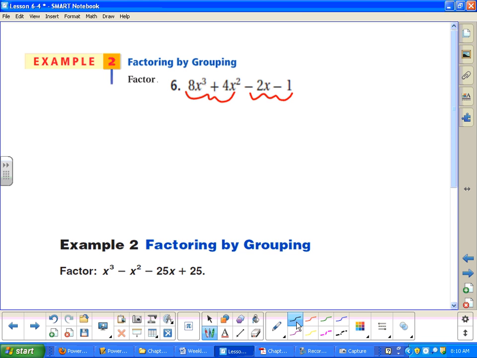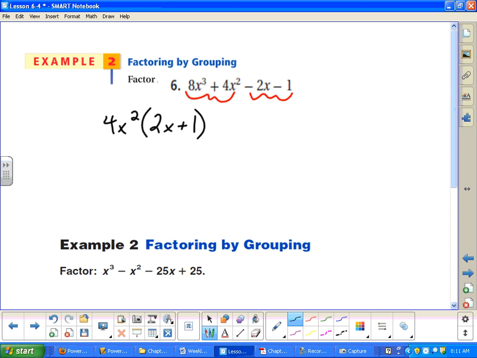Okay? So if we look at the first 2 terms, 8x cubed plus 4x squared, what do they have in common? 4x squared. So I take out 4x squared, and then what do I have left? 2x plus 1. Now we take the next 2 terms and factor the greatest common factor out of them.